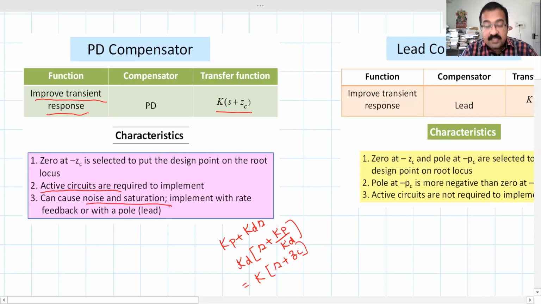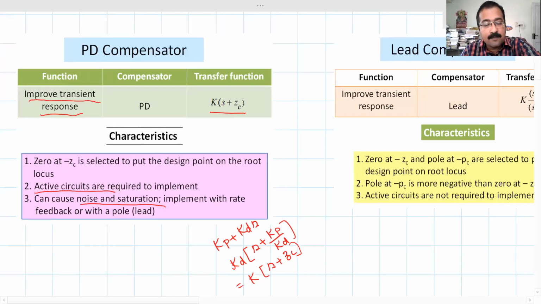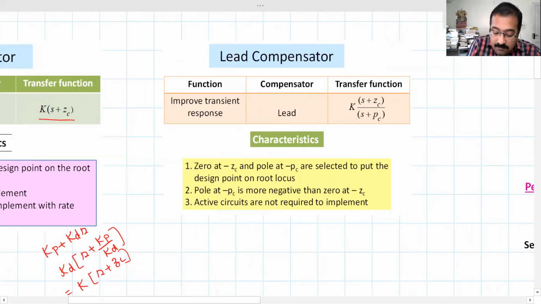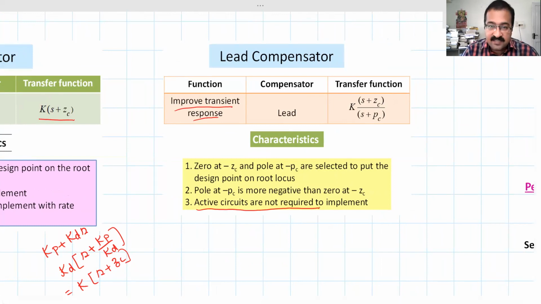But in the case of a lead compensator, which is an approximate equivalent to that, that will also improve the transient performance. The advantage is that we don't need any active circuits. We can implement all of this with passive elements like resistors, capacitors, etc. But here, instead of a simple zero, we have an additional pole also. So this lead compensator is an approximation to a PD compensator, and the purpose of both compensators is to improve the transient response specifications.